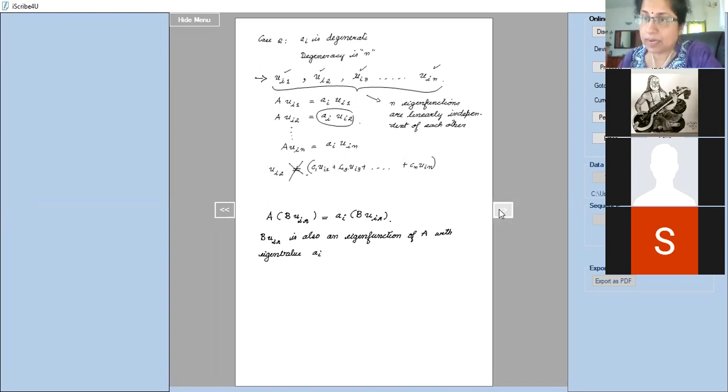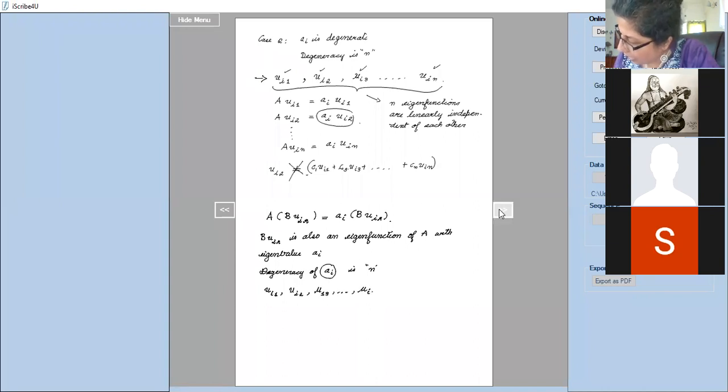Now, let us think about it. Degeneracy of ai is how much we said? Is n, right? So now let's look at it. What are the eigenfunctions associated with this ai? There is ui1, there is ui2, there is ui3, and like that uin.